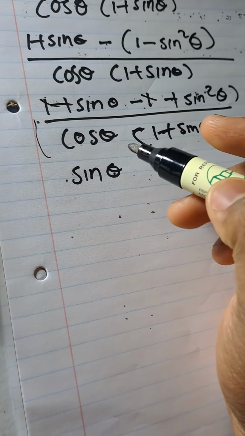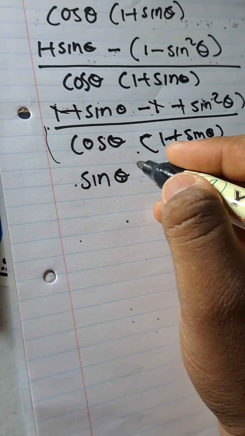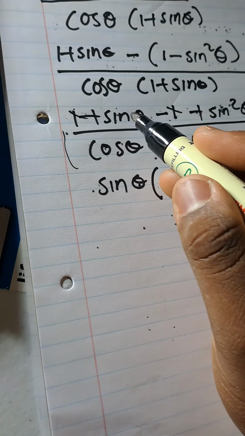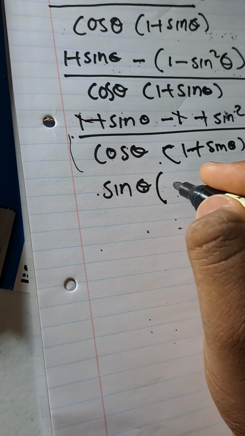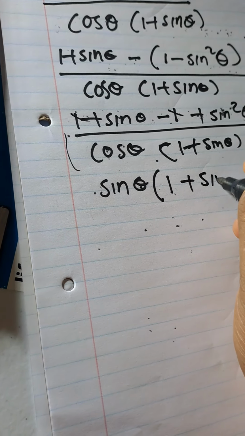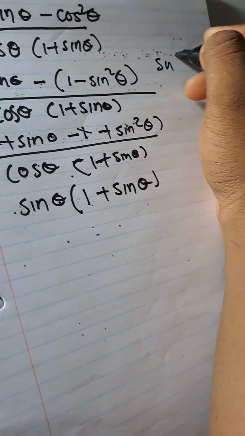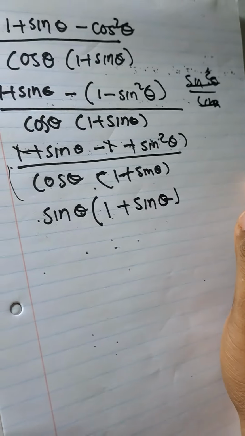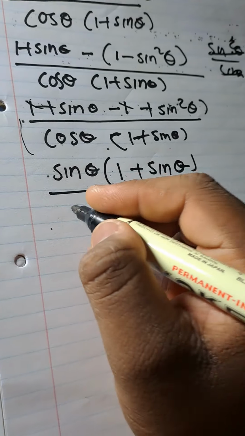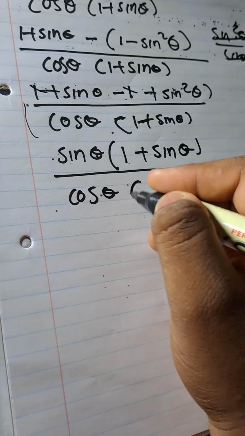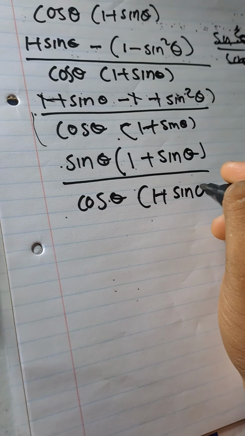Which is going to be sine theta, and then I open my bracket. Sine theta divided by sine theta is 1, plus sine theta. The reason I'm saying sine theta is because it was sine squared theta over sine theta, so there will be one sine theta left, over cos theta times 1 plus sine theta.